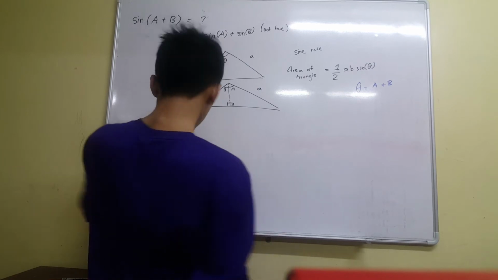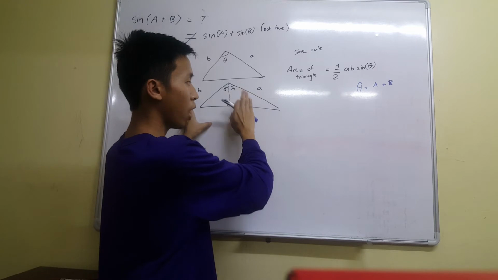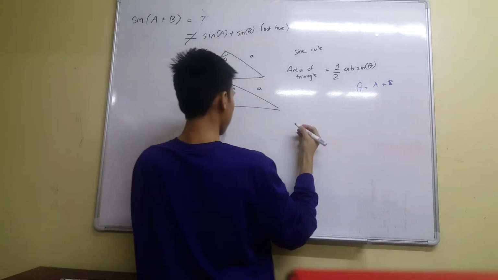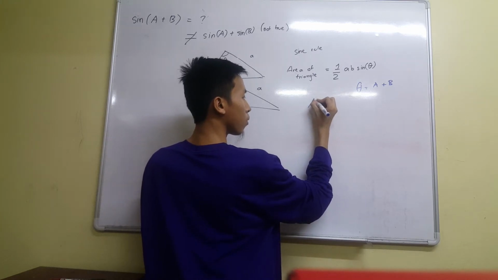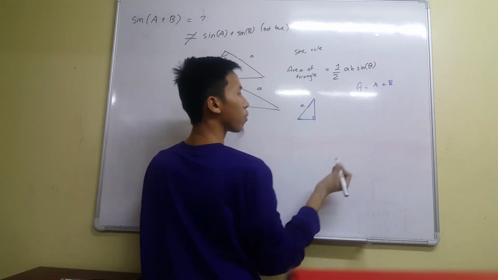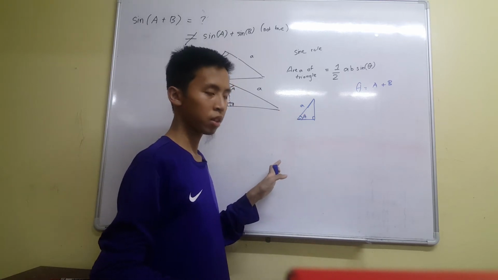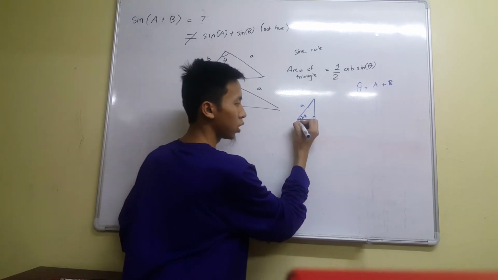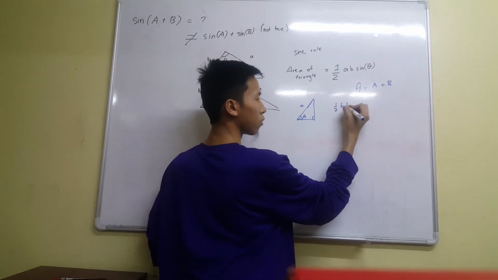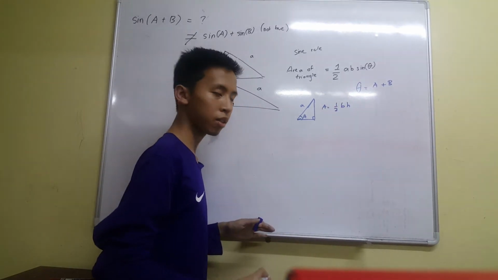Now we have split the triangle. We'll calculate the area of the individual triangles, starting with triangle A. The area of this triangle is half base times height.